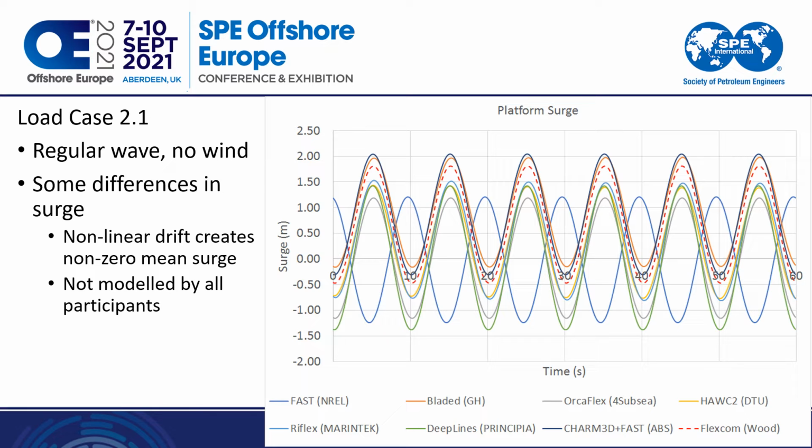So we're expecting a non-zero mean surge position, which is predicted by Flexcom and indeed some of the other tools, but less well by others. But again, the discrepancies are well understood between the different modeling tools, and Flexcom is approaching the correct solution, or the desired solution from our perspective.